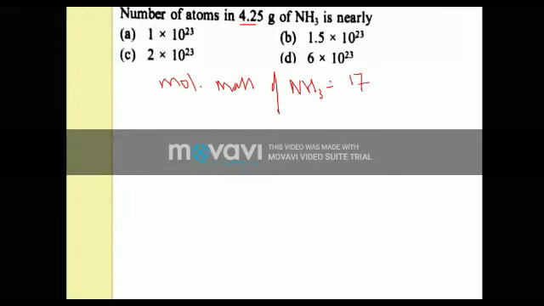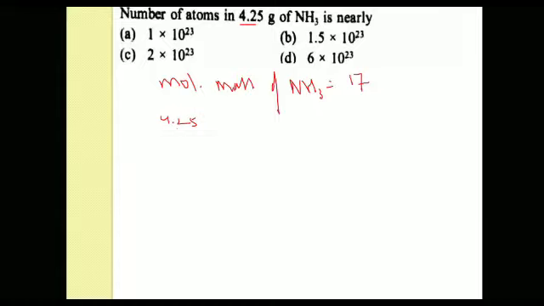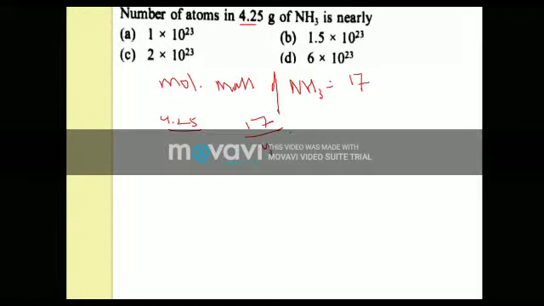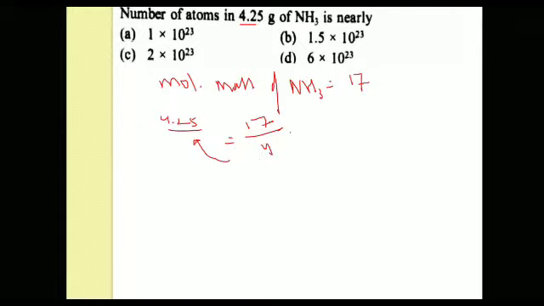And see this 4.25, whatever is given. This 4.25 is 1/4 of 17. If you divide 17 by 4, you will get 4.25, because 16 divided by 4 gives 4 and 1 divided by 4 gives 0.25. So 17 by 4 will give you this.